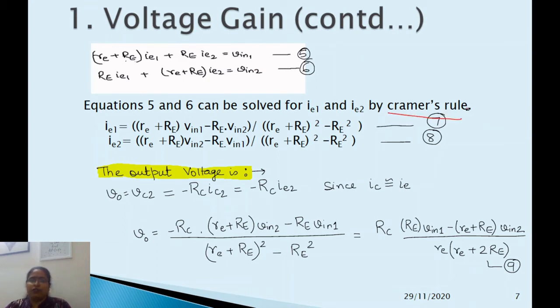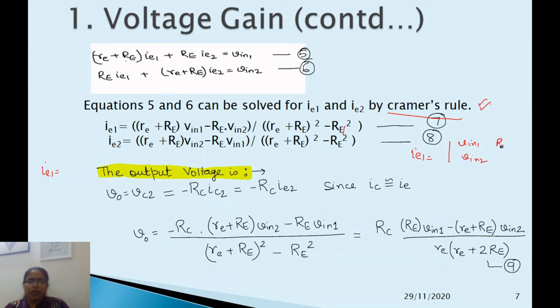Cramer's rule I also told you in part 1. IE1, I'll write this side, IE1 is equal to, how can we solve it? This is equal to V in 1 and V in 2.